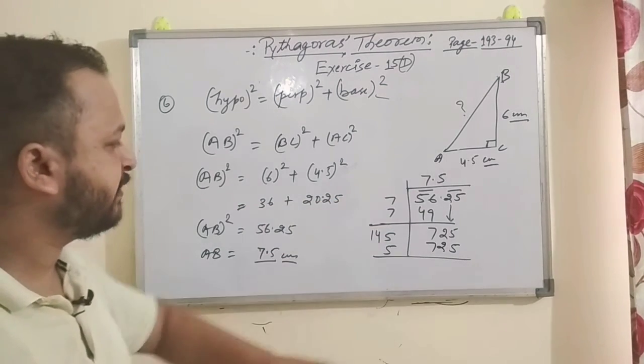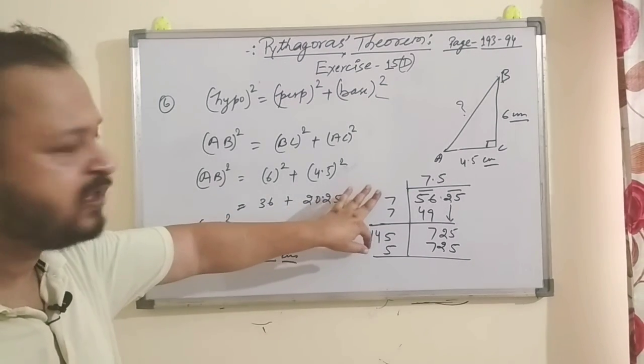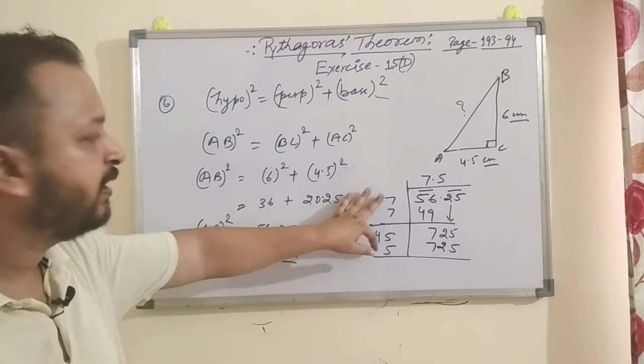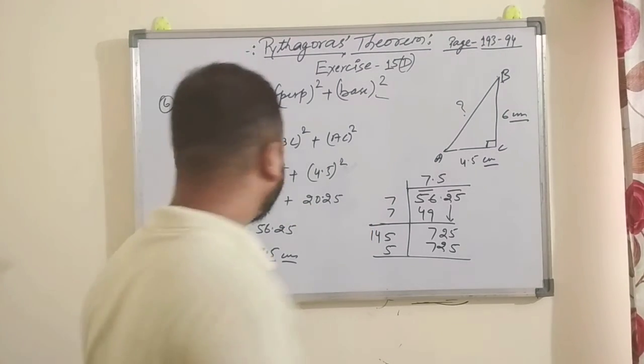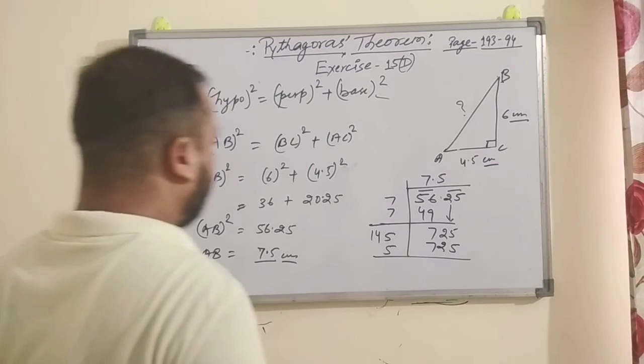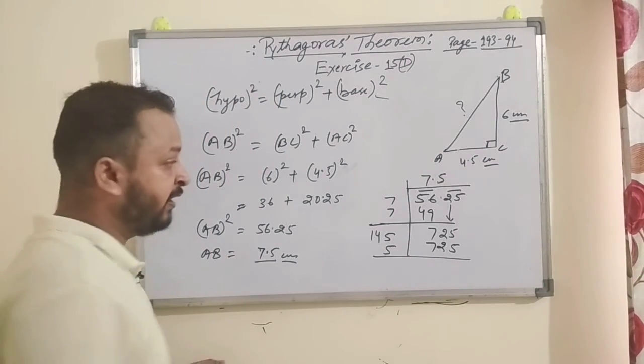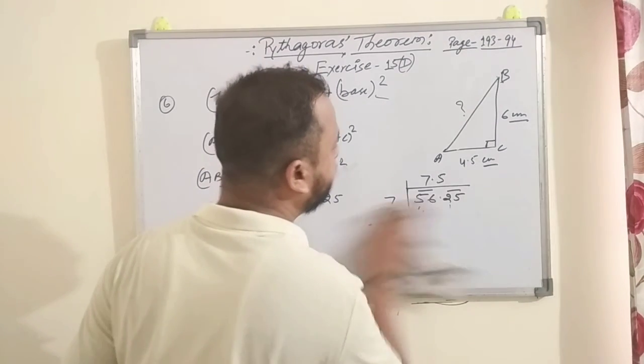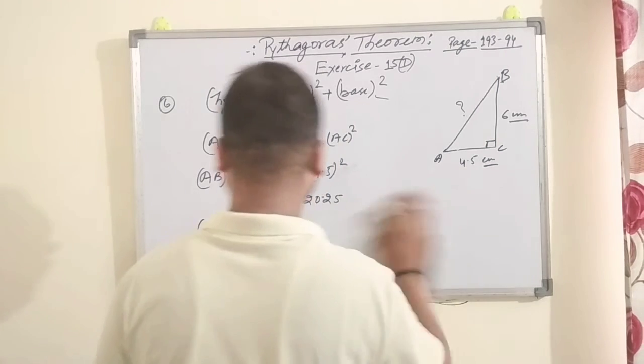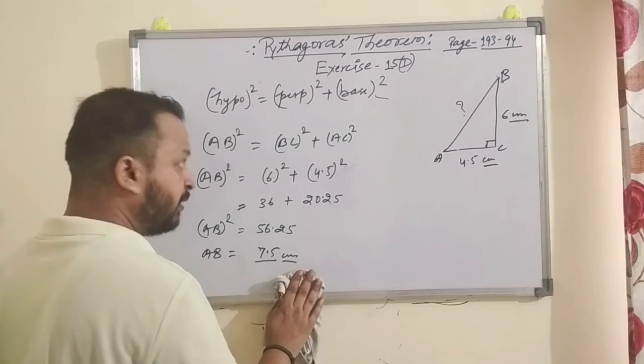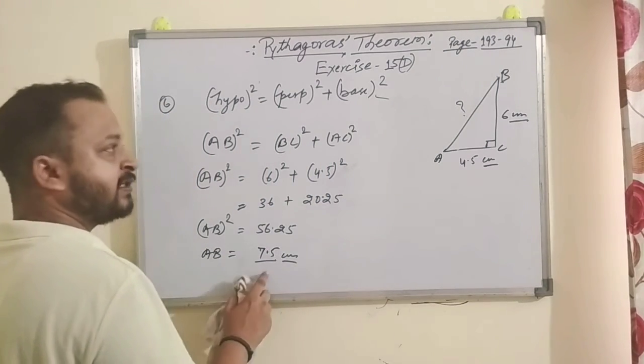So 7.5 is the square root. You will study all these things in class 8, right? The square and square root and cube roots, how to find them. And if you are very eager to learn, you can go through it, right? So this is the answer.